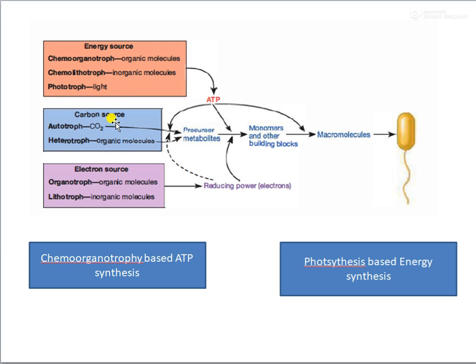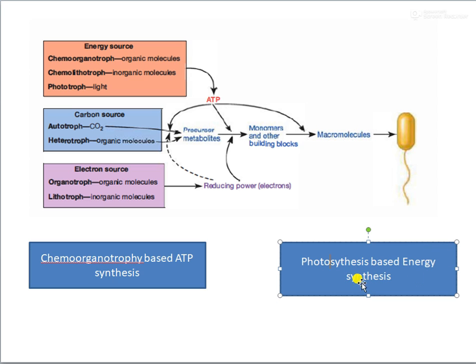So the energy source, the carbon source and the electron source are used by the organisms and the organisms produce ATP. ATP synthesis is carried out by microorganisms either by using chemoorganotrophy, that is, chemical energy with organic molecules as the energy source, or by the process of photosynthesis, when they use light energy and carbon dioxide.